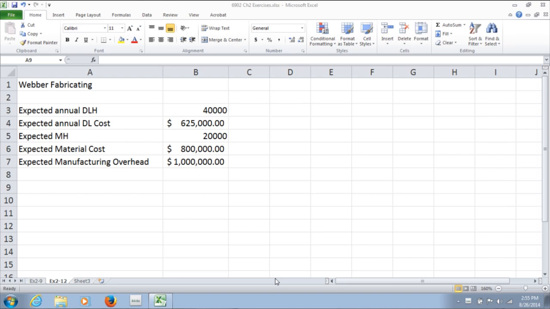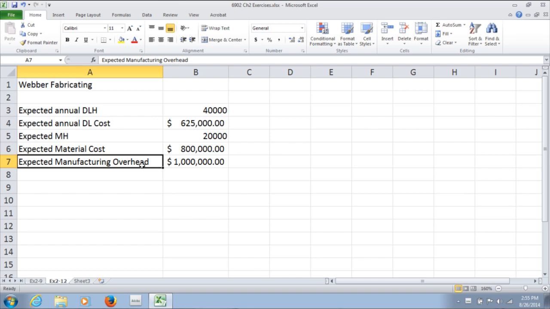In exercise 212, we have an issue where we have several different potential allocation bases for manufacturing overhead. Now, unlike direct materials and direct labor, which can be identified and traced to products, overhead has to be allocated, by its nature of being an indirect product cost.